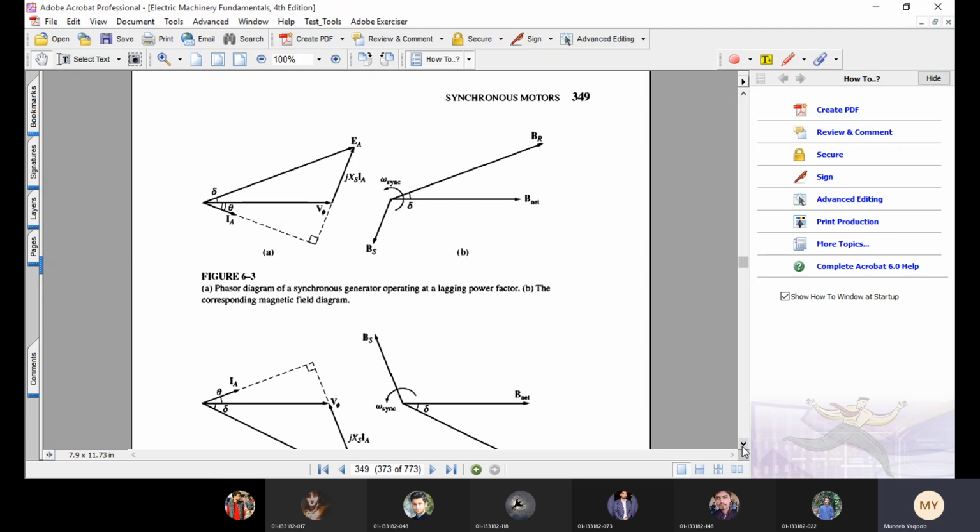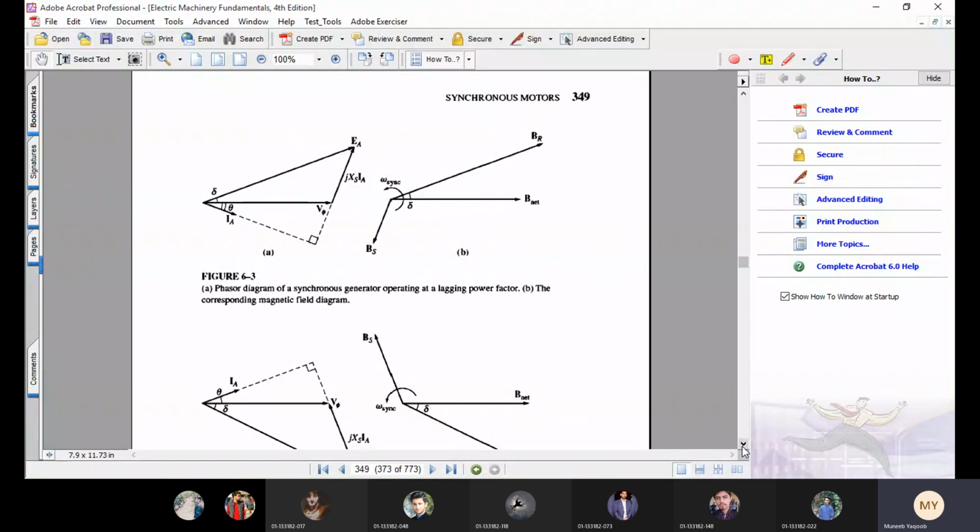Actually, the author intends to give you a simple rule to identify whether the phasor diagram drawn is for a synchronous generator or for a synchronous motor. So he has told three different rules. I will tell you all the rules one by one.